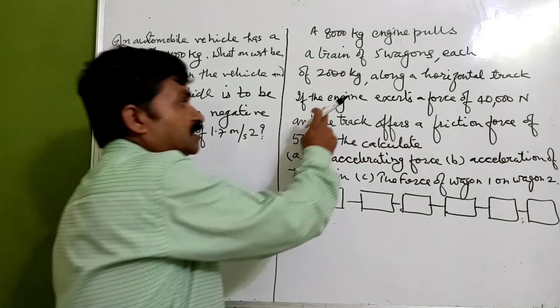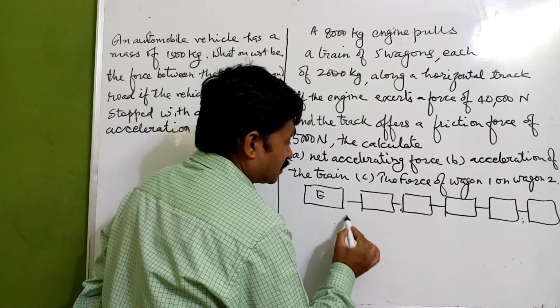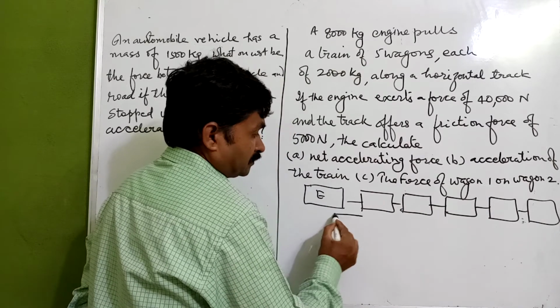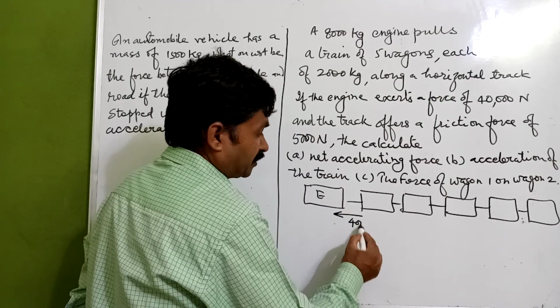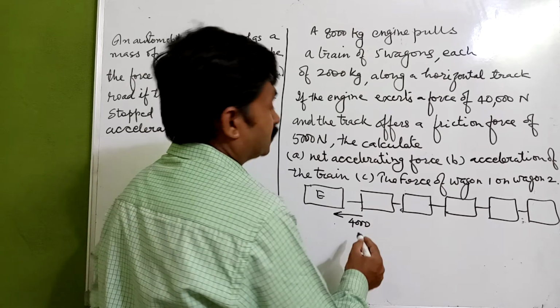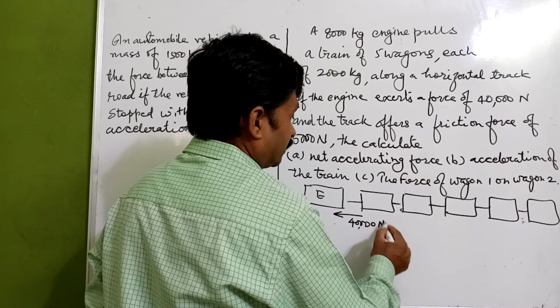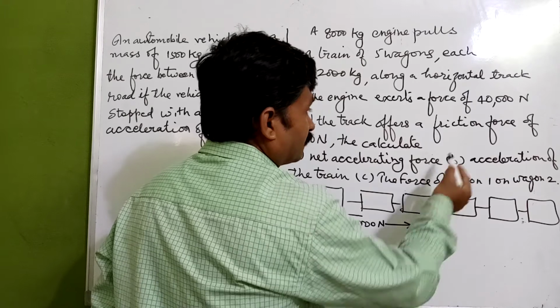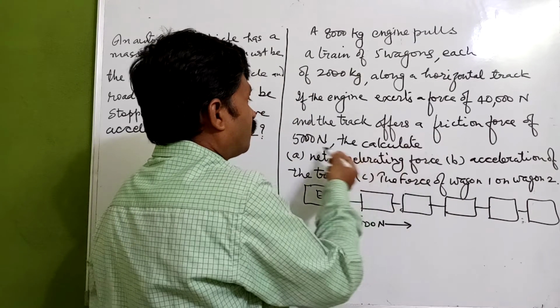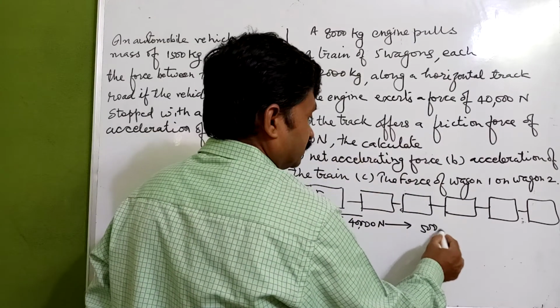If the engine is exerting a force in this direction of 40,000 Newton, and the track is exerting a frictional force of 5,000 Newton.